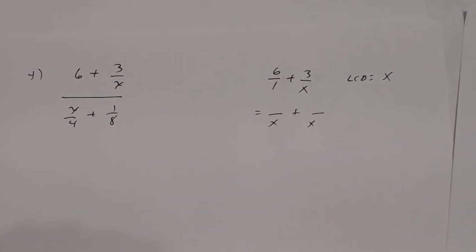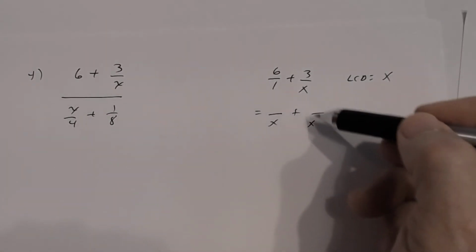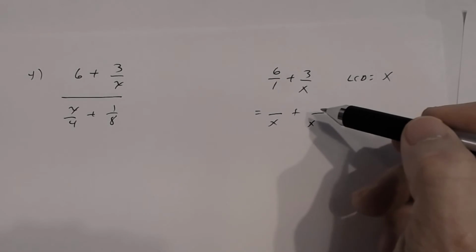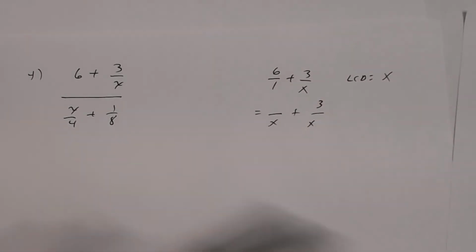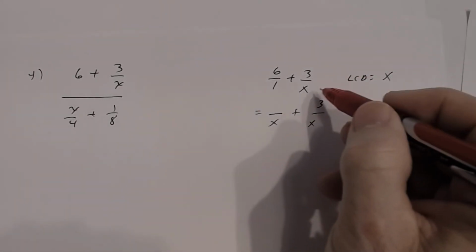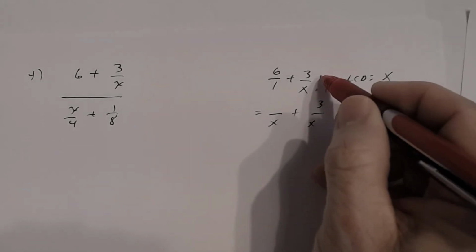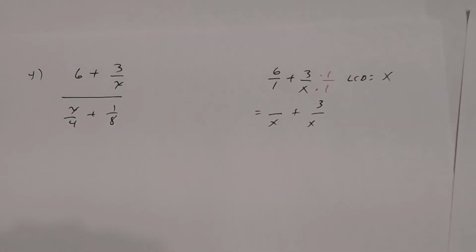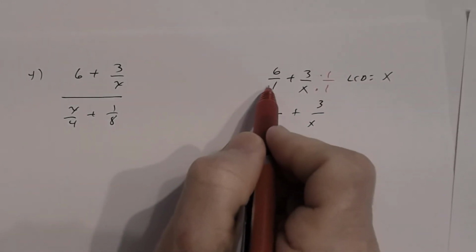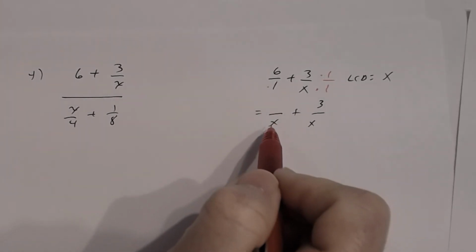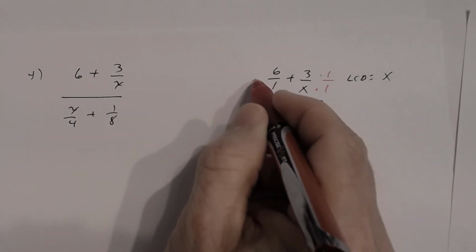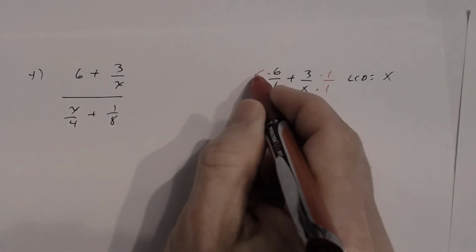This part's easy: 3 divided by x is equivalent to itself. That makes sense because x times 1 is x, and 3 times 1 is 3. Over here, I have to multiply 1 by what expression to get x? Well, 1 times x. But what I do to the denominator, I have to do to the numerator.